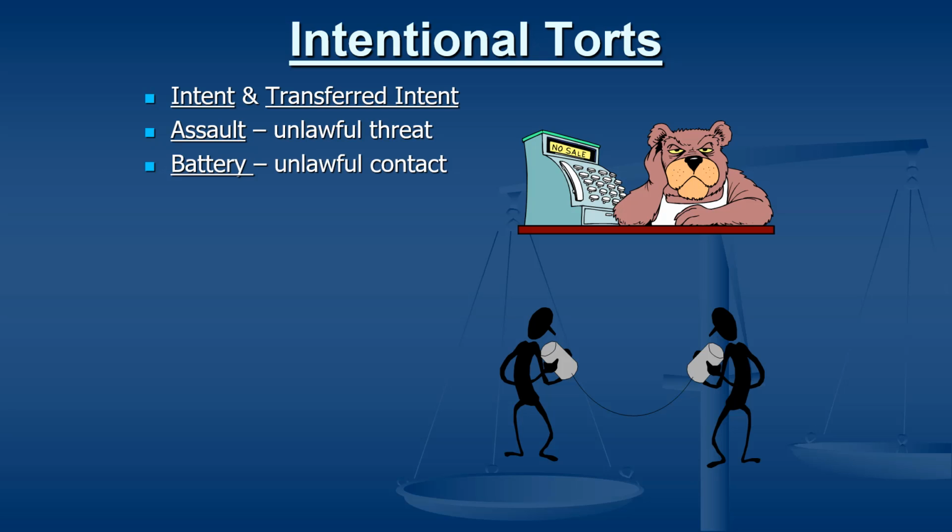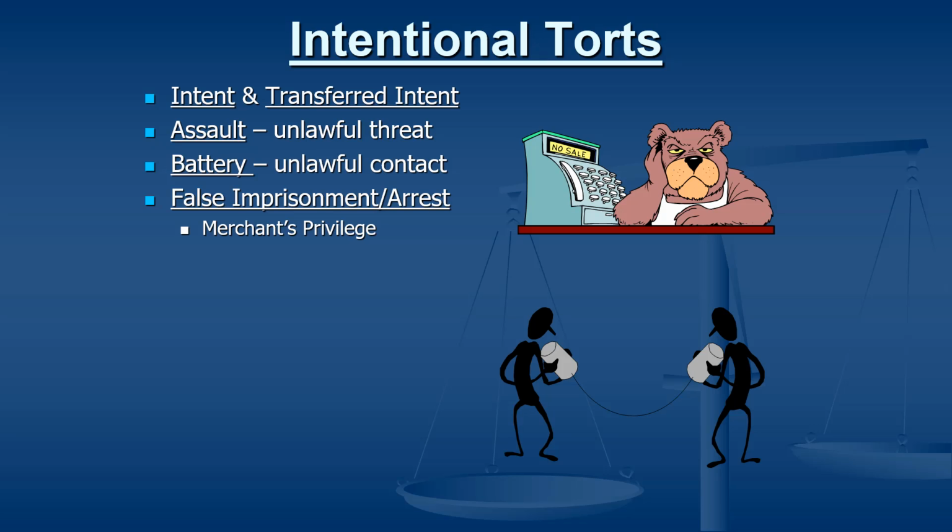Maybe you could think of an angry person getting in your face and raising their fist as if they're going to punch you. That might be assault. Battery, on the other hand, there's unlawful contact. For instance, that angry person that's in your face, if they take that fist and strike you with it, then at that point they've committed the tort of battery.